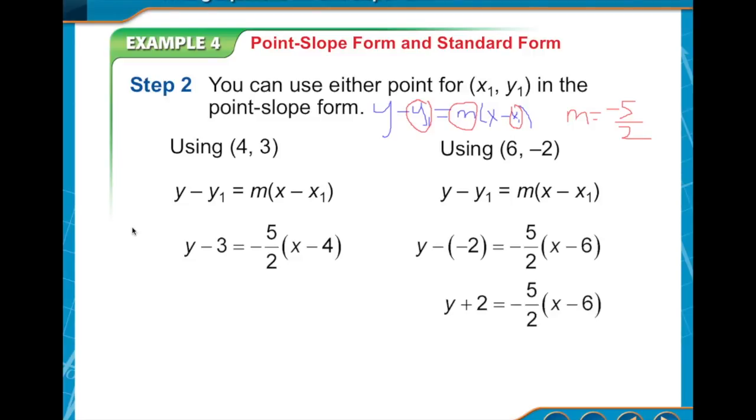And also, it is very important to remember that you can plug in either point, okay? Either point will work. So it's up to you. It is your choice. So the answer is either the equation we have on the left, given the first point, or this equation given the second point. Either one works fine.